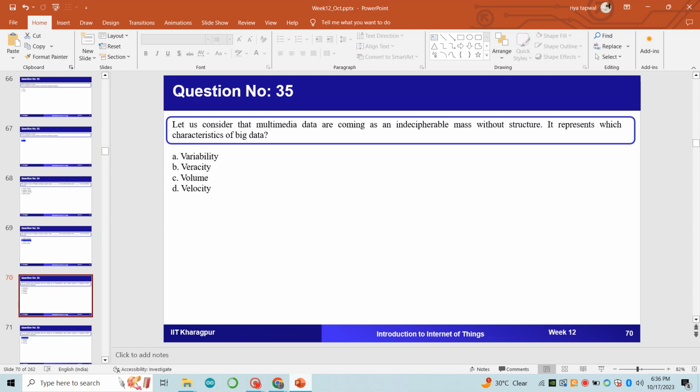Option C, volume. Okay. Anyone else? Variability. Okay. It's C, volume.